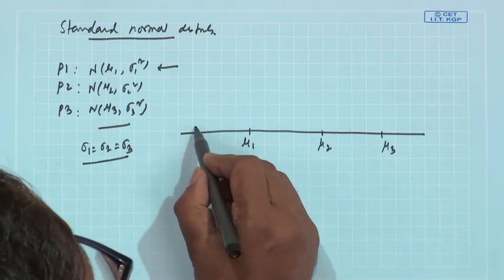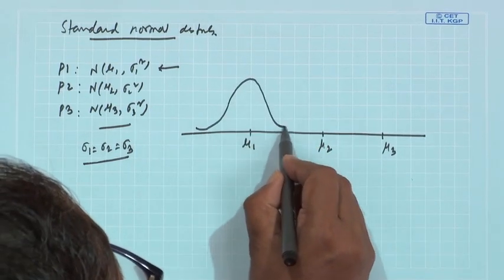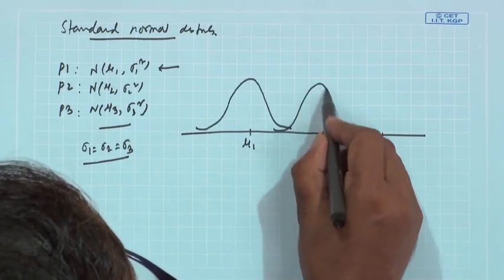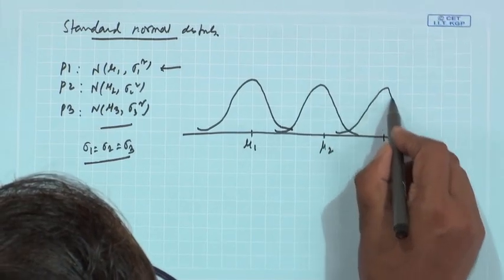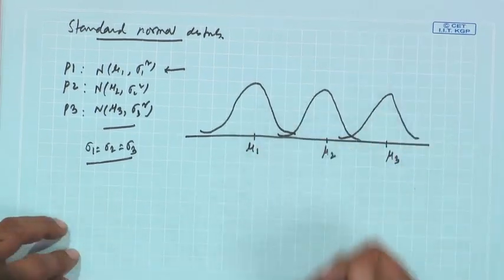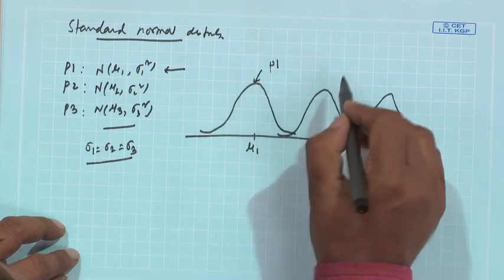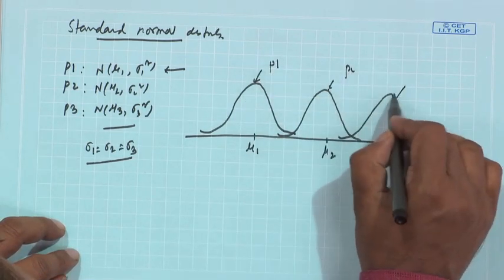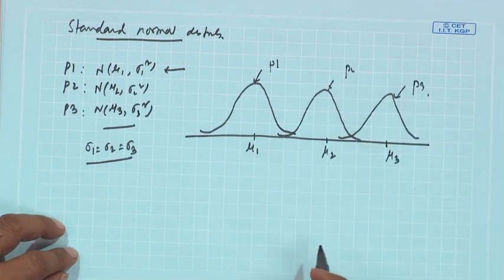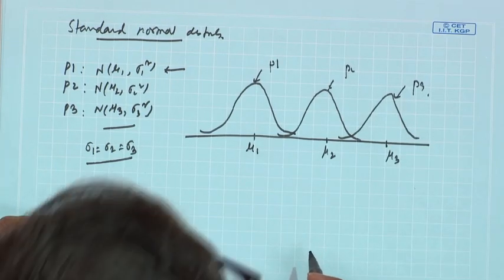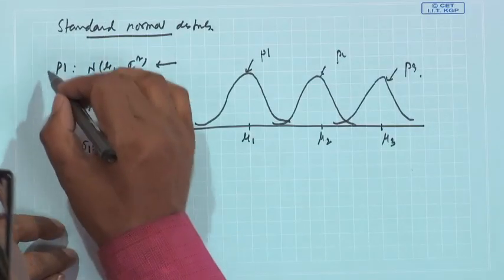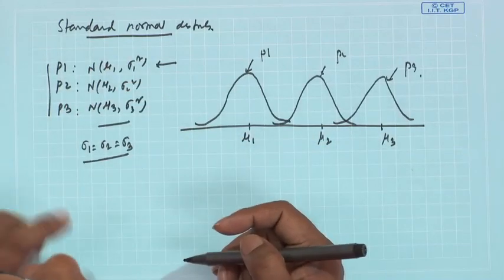So, in that case you can plot like this. This is for process 1, this is for process 2, this is for process 3. So, that means for 3 processes, 3 different normal distributions.